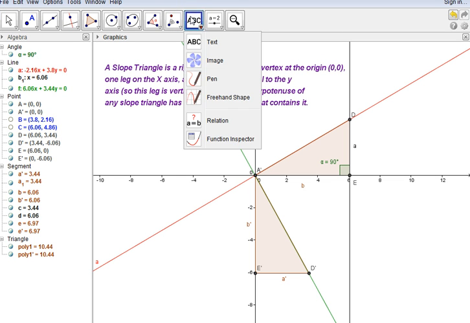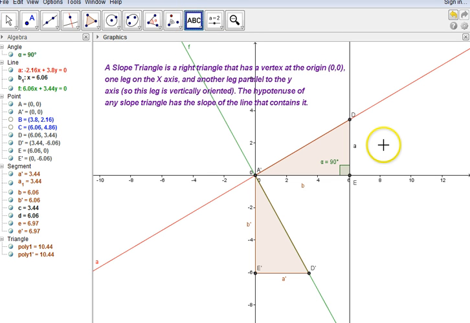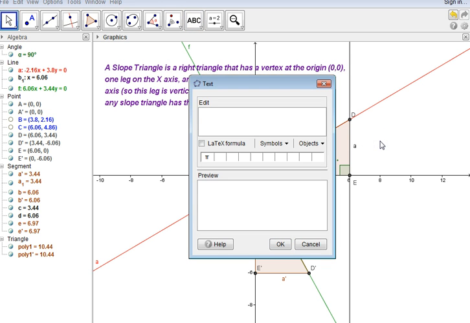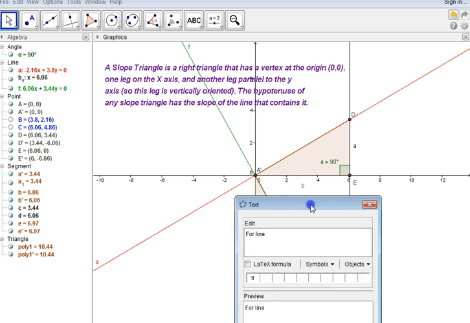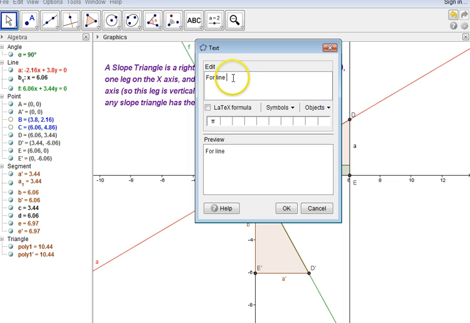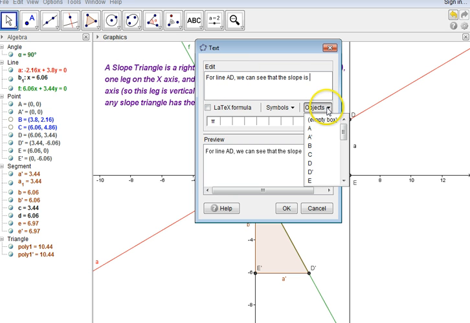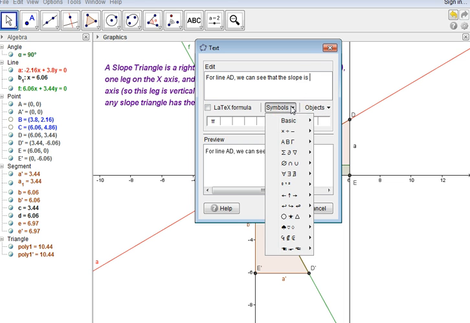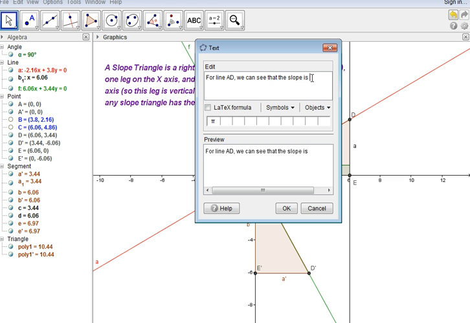So can we say, for a line, what would be the name of this red line? AD. I don't see a fraction tool, so we'll use A divided by B.